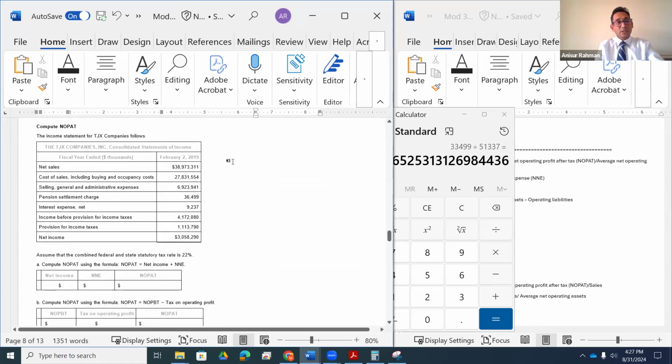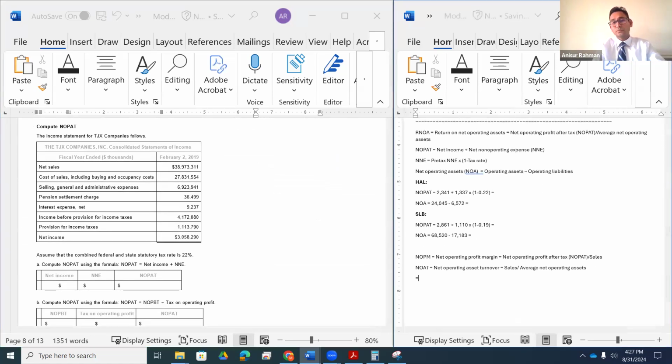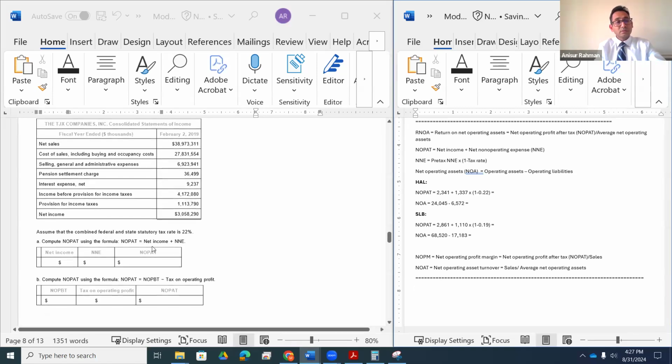So in our next problem, we have to compute NOPAT, which is net operating profit after tax. We have information here. Tax rate 22%.